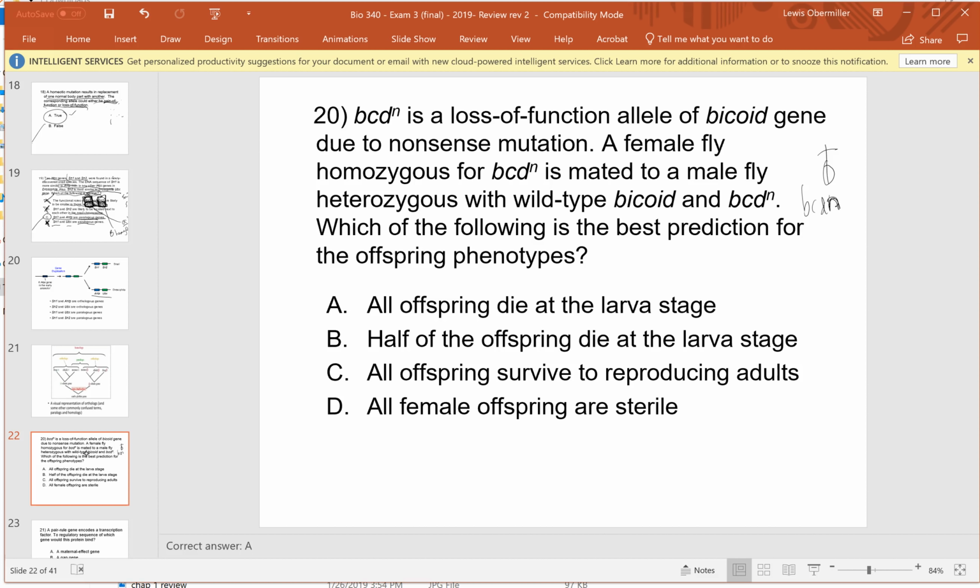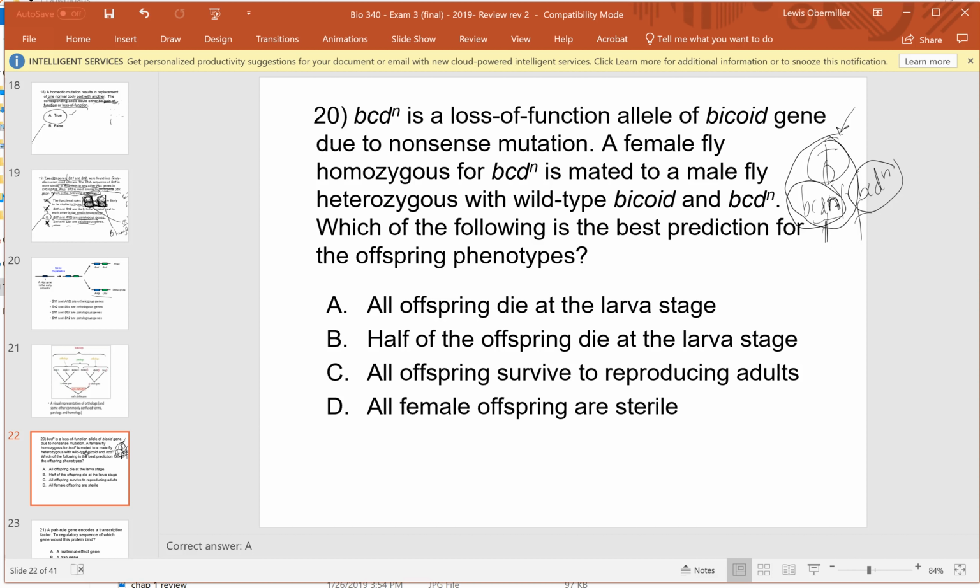And so remember, this female can be BCDN and BCDN and still develop normally, because her mother could be heterozygous, right?